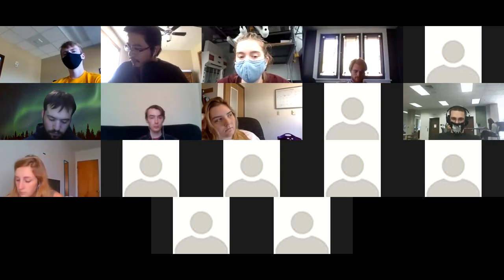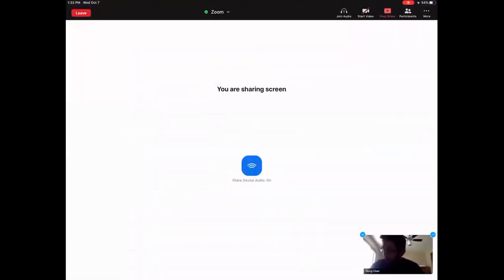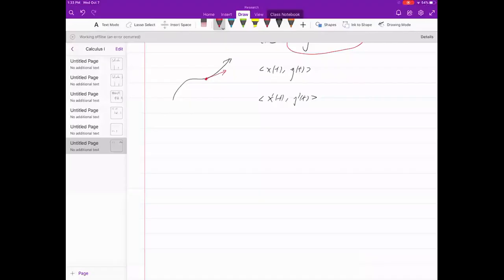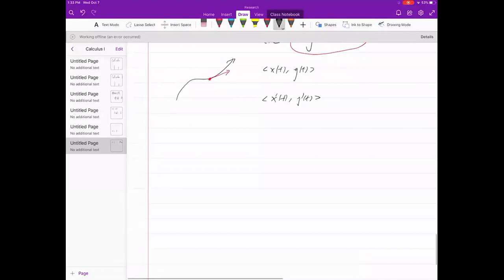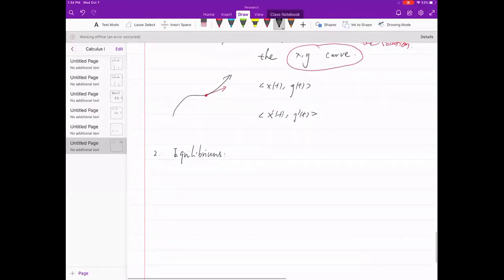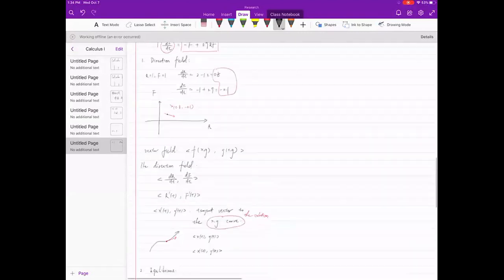So now let's talk about the equilibriums. Still the same system. Let me copy it.